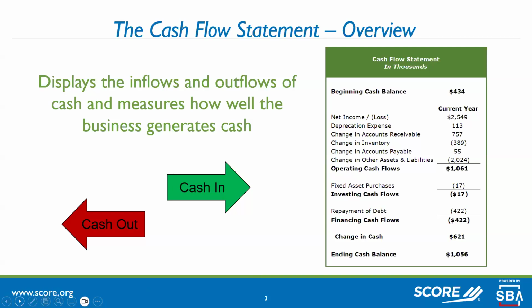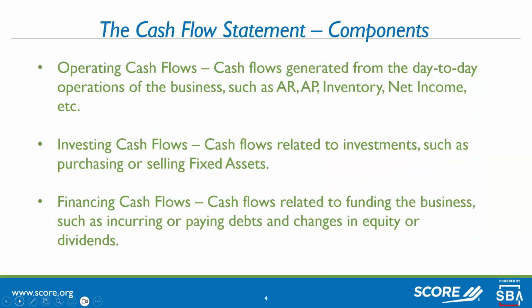So digging into the components of the cash flow statement. As we mentioned, the first section is operating cash flows. And these are cash flows that are generated from the day-to-day operations of the business, hence the name operating cash flows.